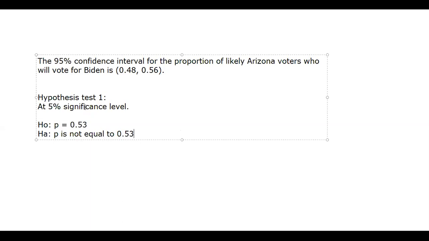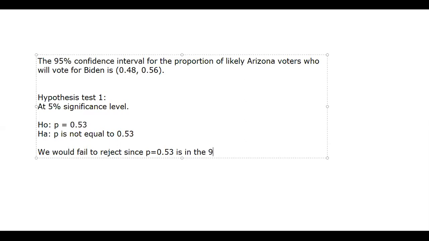In this case, based on our confidence interval, would we reject or fail to reject? Fail to reject. We would fail to reject since P equals 0.53 is in the 95% confidence interval.